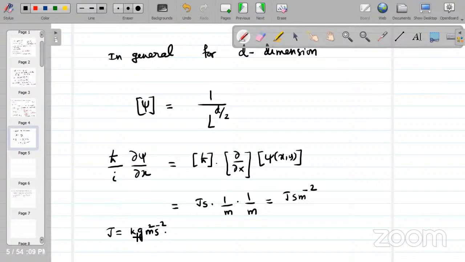Will you agree? So now substitute in the place of joule, kilogram meter square second minus 2. So this turns out to be kilogram, this meter cancels.